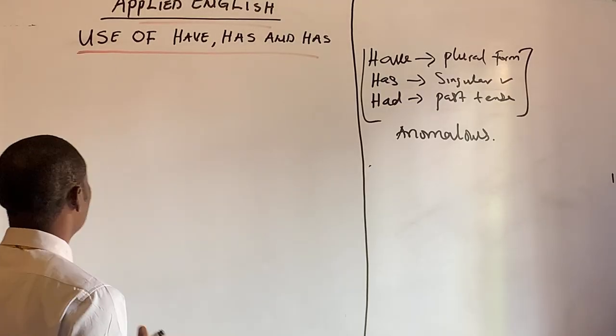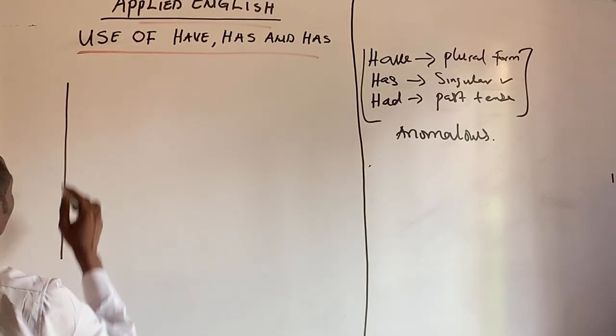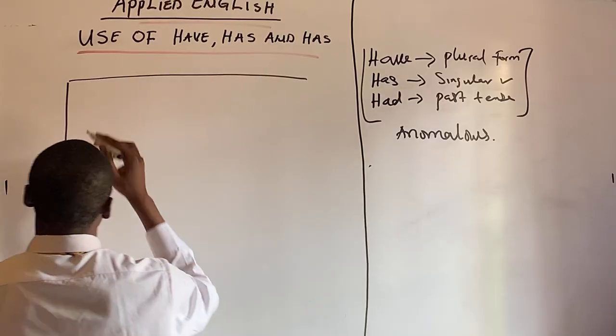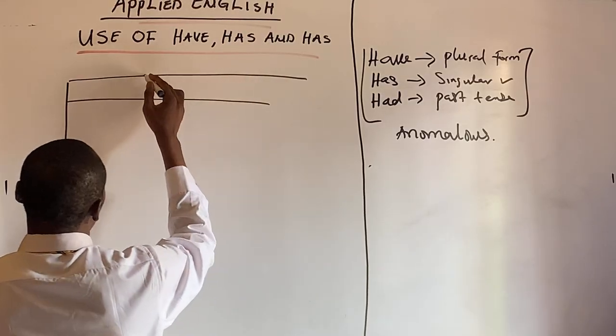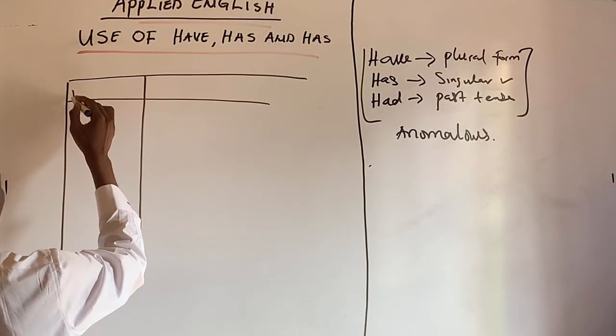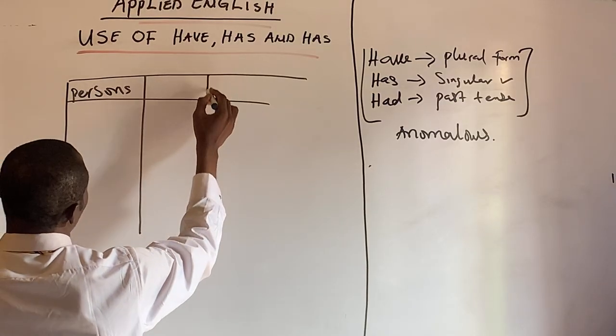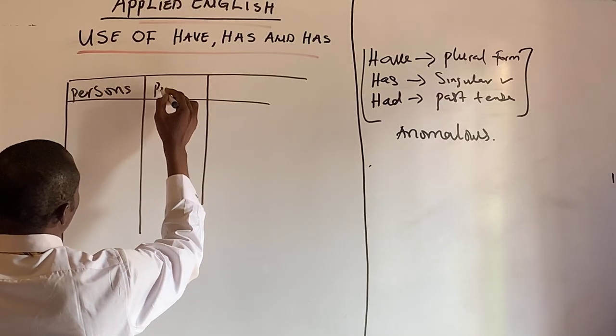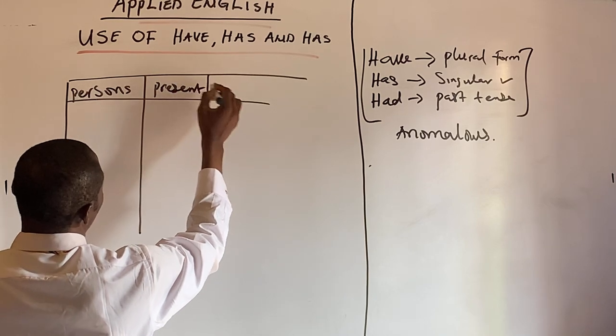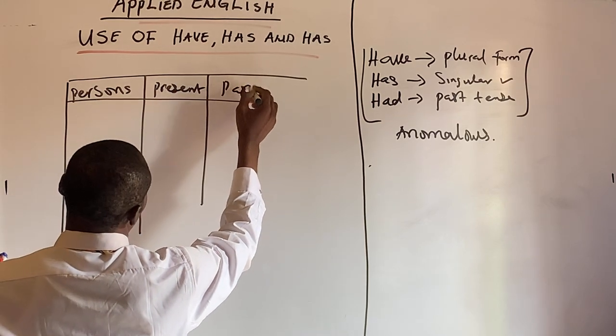Now, let's say we have a table. In this table, we have some persons, singular person, subject. We have some persons, and then we have the present tense, and then we have the past tense.